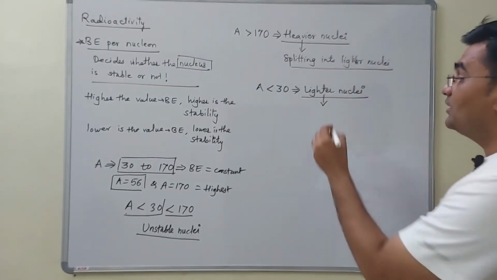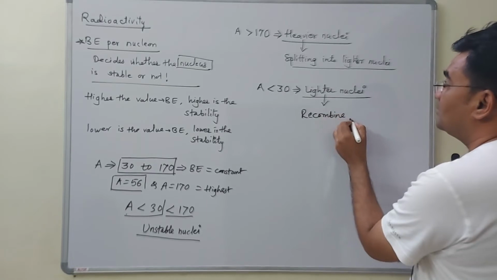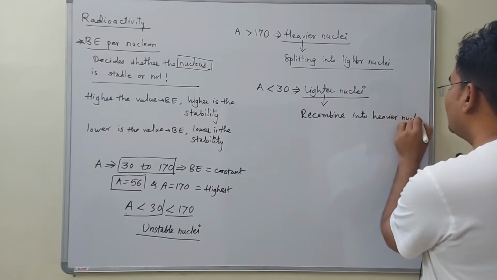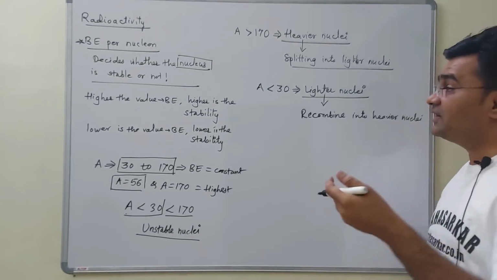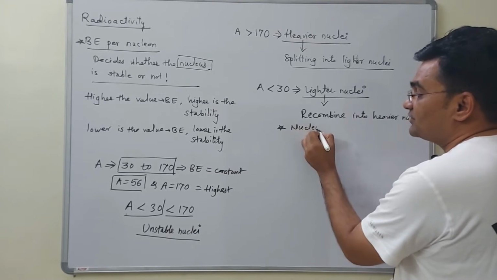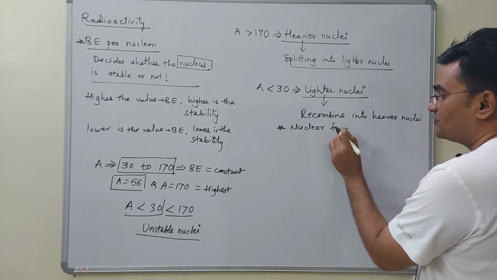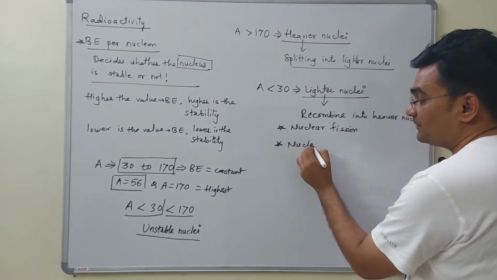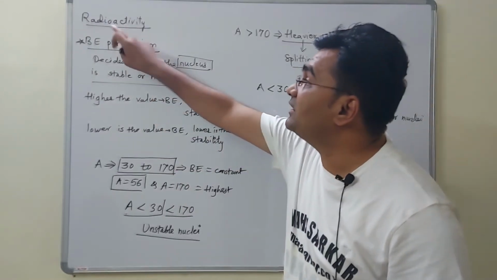To become stable, these lighter nuclei will recombine into heavier nuclei. During this process, energy is emitted. The reactions which produce these two things are called nuclear fission and nuclear fusion reactions.